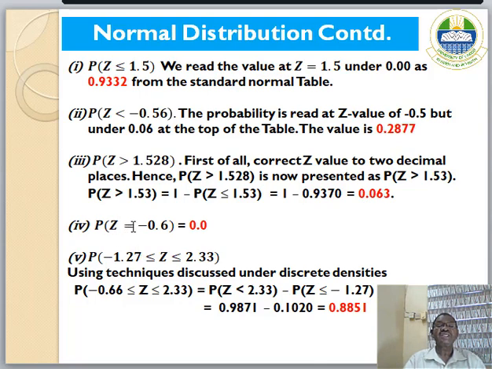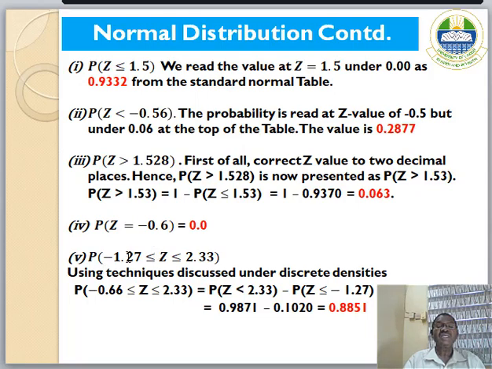The probability that Z is equal to minus 0.60 is 0. This is because we told you that the probability that a normal random variable, whichever one, takes one exact value is 0, because we can only find the probability that Z lies in an interval.